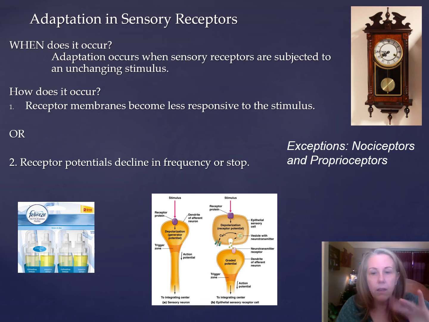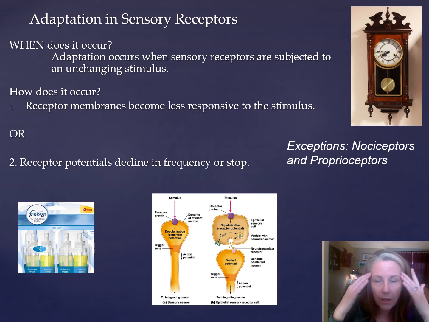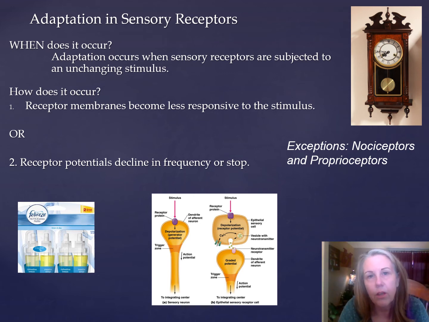Those fragrance molecules were still in the air. However, you had no perception of that fragrance. And it's even a little bit more complicated than that. You didn't have the perception because there was never an action potential that went to the olfactory centers in your brain. It really happened on a receptor level.